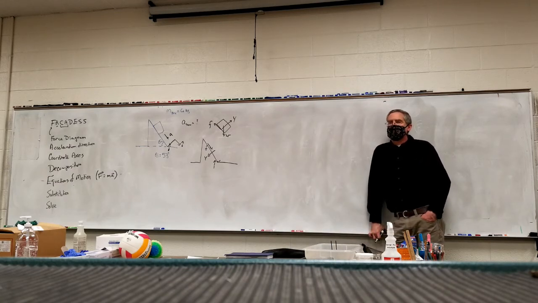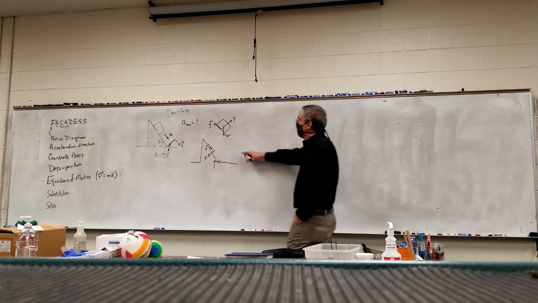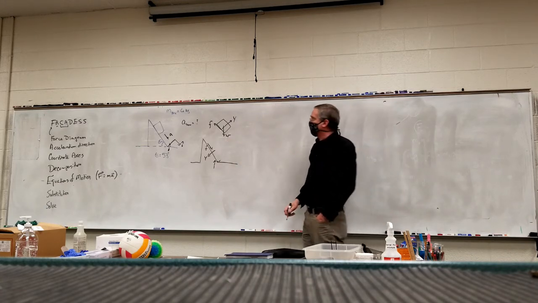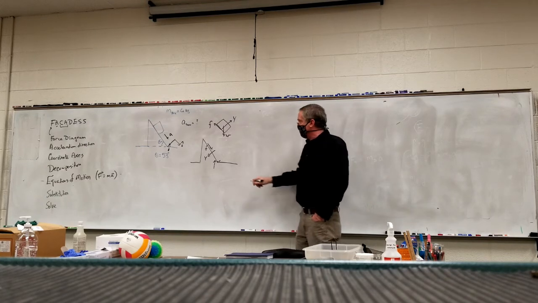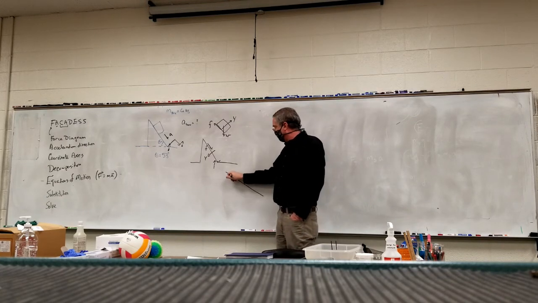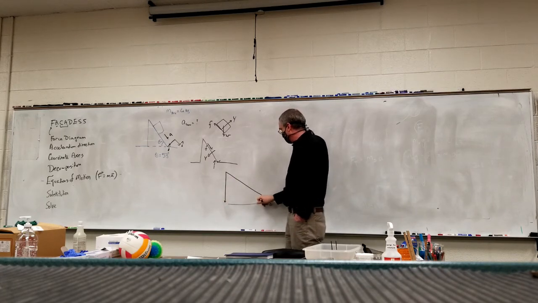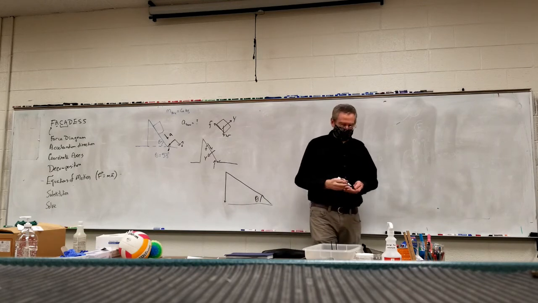Decomposition. Are there any forces that are not in the plus or minus I direction or plus or minus J direction? So we need to break weight up. We need to figure out how much of the weight is down the ramp, how much of the weight is into the ramp. So let's do a little geometry here. Whenever I'm breaking a vector up, that angle there is theta, whatever I'm breaking up is the hypotenuse of a right triangle.